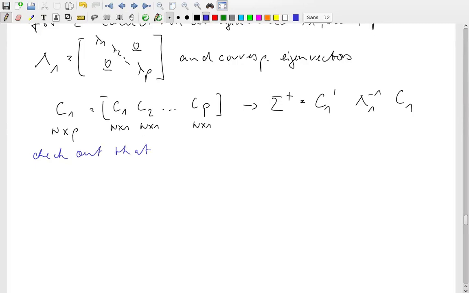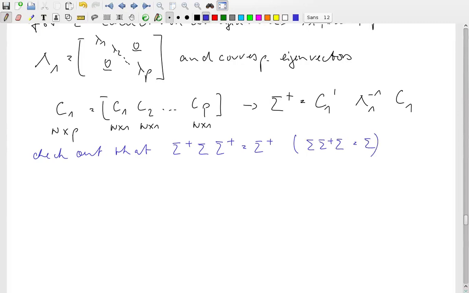We said that one of the properties of the pseudo inverse is that if we multiply it with sigma, and multiply the pseudo inverse again, we should get the pseudo inverse. And moreover, the property that if you take sigma, multiply with the pseudo inverse, multiply with sigma again, we get sigma.